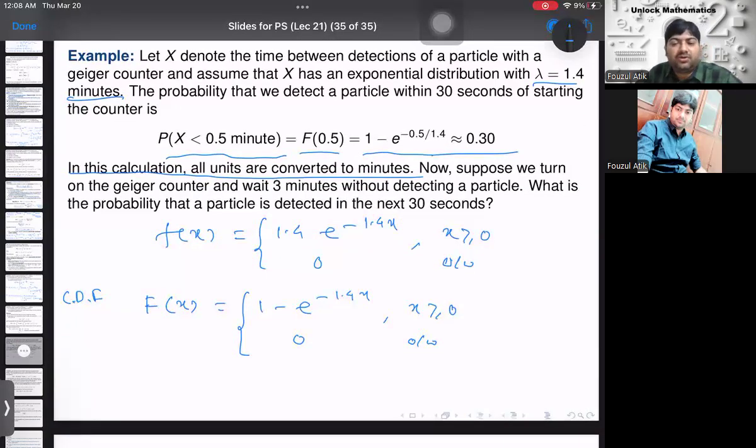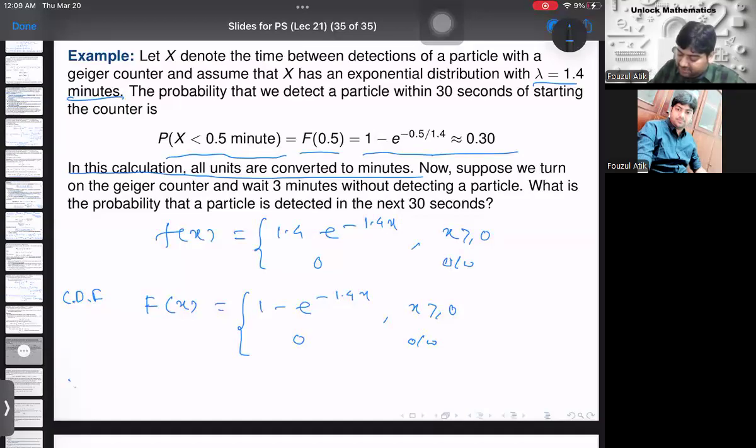Right, now what you have to answer: suppose we turn on the counter and wait 3 minutes without detecting a particle. So this is already done. Then what is the probability that a particle is detected in the next 30 seconds? So it is actually a conditional probability, right?